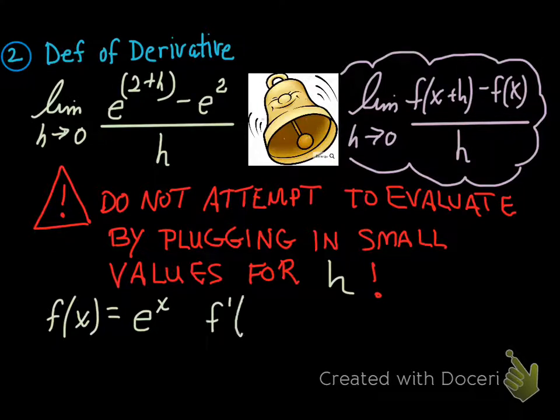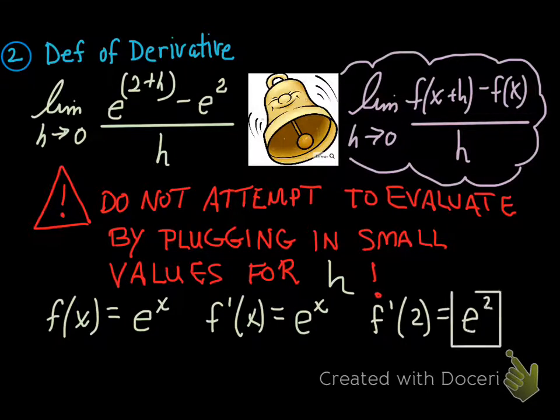And so now I have to take that derivative. Well, the derivative of e to the x is real simple. That's also e to the x. And then they put a value in for x so I can evaluate this limit at the limiting value. And it's not 0. I'm actually putting a 2 in for x. So what I get here is f prime at 2. Wherever I see an x, I plug in a 2. I get e squared. The limit as h goes to 0 of e to the 2 plus h minus e squared all over h is really, in disguise, the derivative of the function f of x.